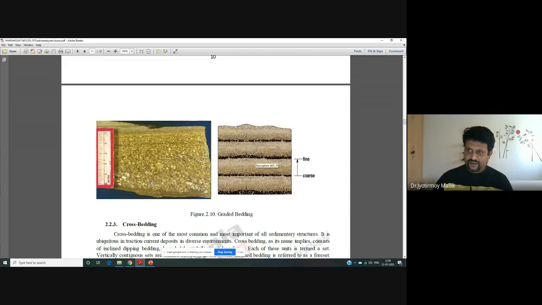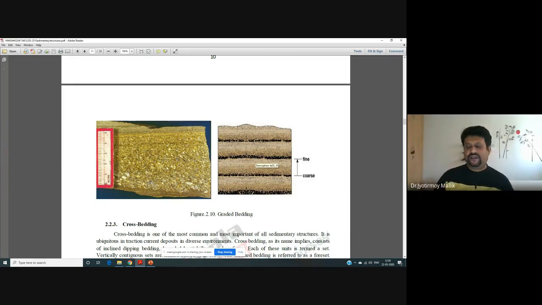So if my provenance goes from proximal to distal, then I get more finely graded sediments. Say, for example, if we are thinking of a channel, at the very middle of a channel, we will find more coarse grain materials, and in the overlying deposit, of course, it becomes finer, and the sand can even transform into silt or shale because they are even more fine grained sediments, right?